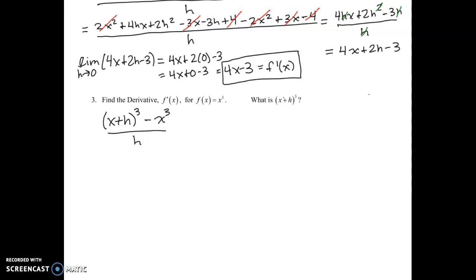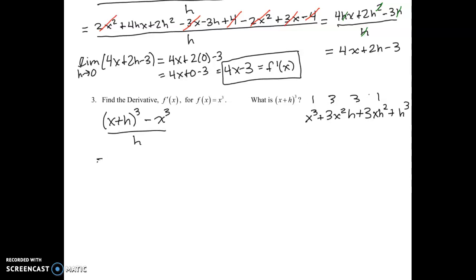So if we have a binomial to a power of 3, we know the coefficients are 1, 3, 3, and 1, right? So our first term, we'd have an x cubed, plus 3x squared h, plus 3xh squared, plus 1h cubed. Okay, so this is one of the reasons that we did the whole lesson on binomial theorem to help us with expanding quicker for doing our average rate of change.